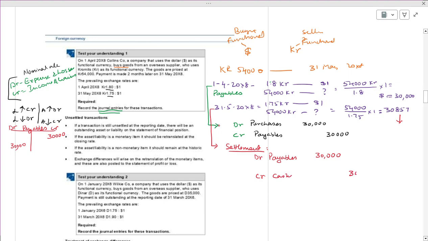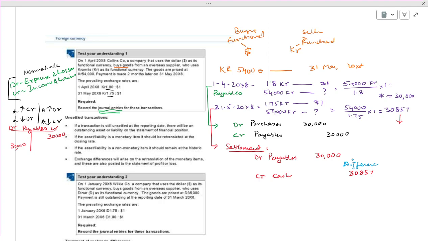How much are you paying? $30,857. Now, what is the difference here? $857. This difference is a gain or loss due to foreign currency.